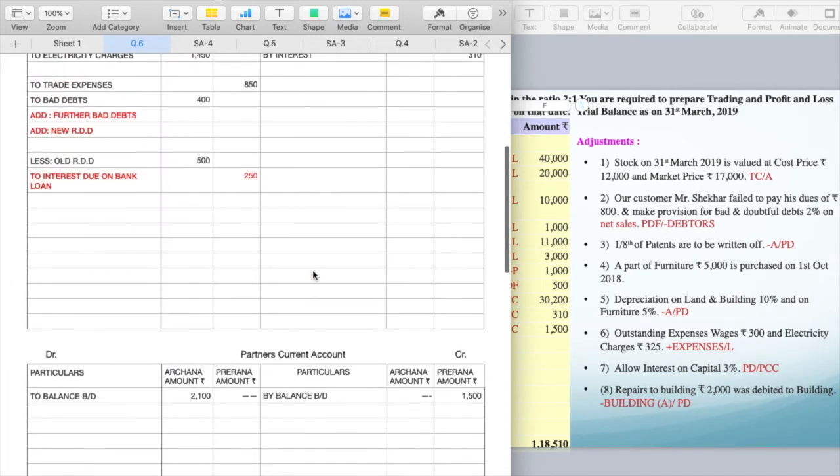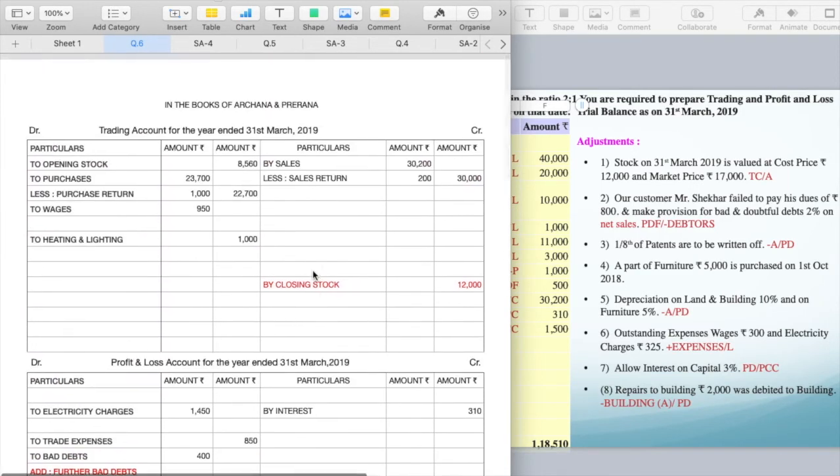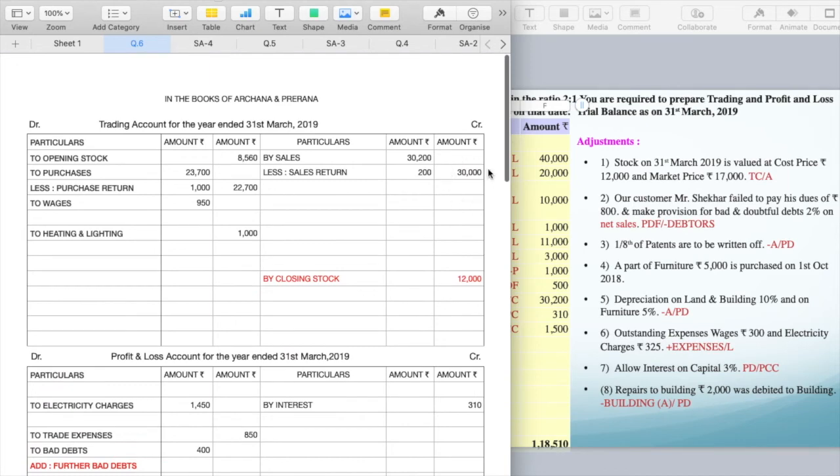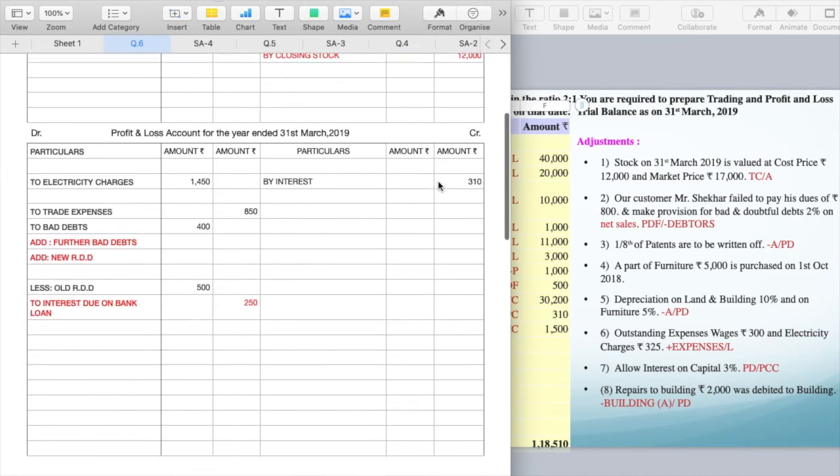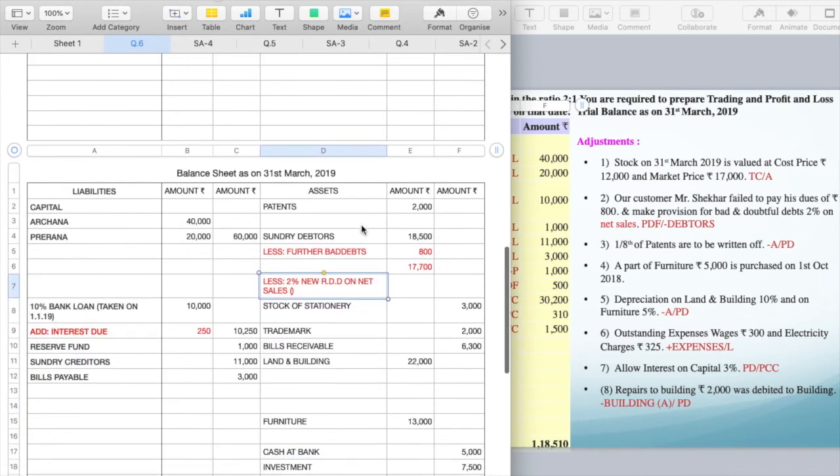The value of net sales is the outer column value of the sales, which is 30,000. So on 30,000 we calculate 2%, and the value will be 600. So the outer column amount will be 17,100.